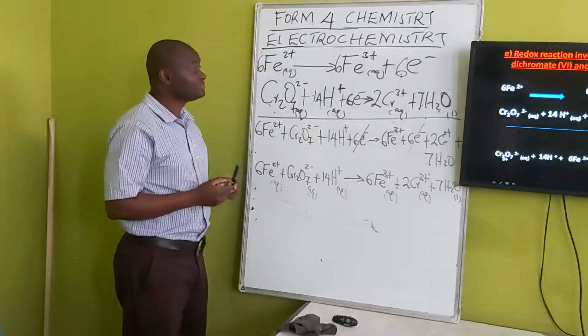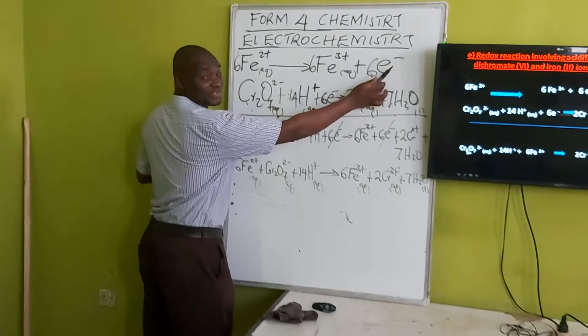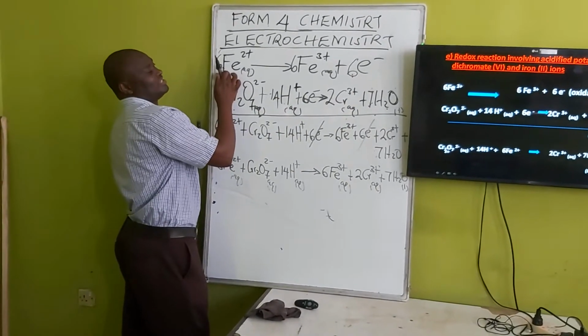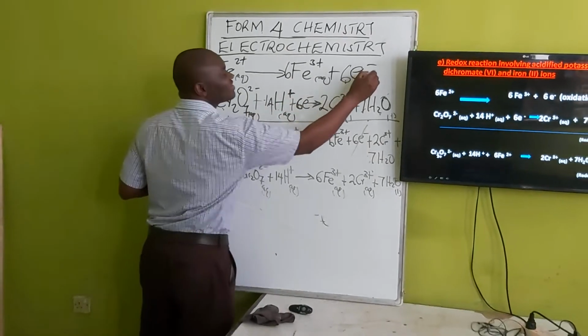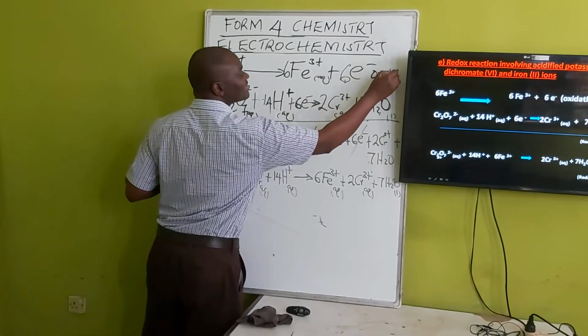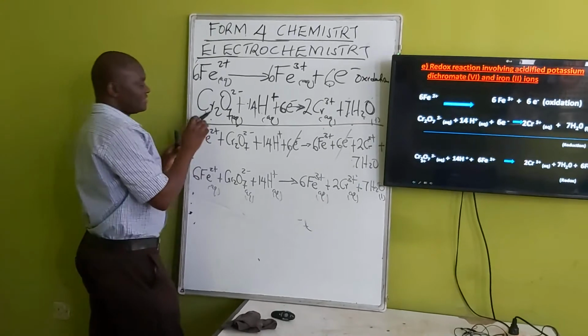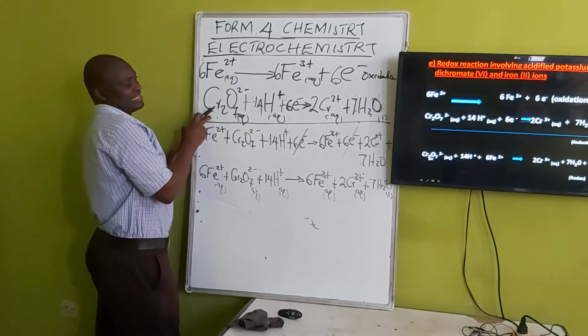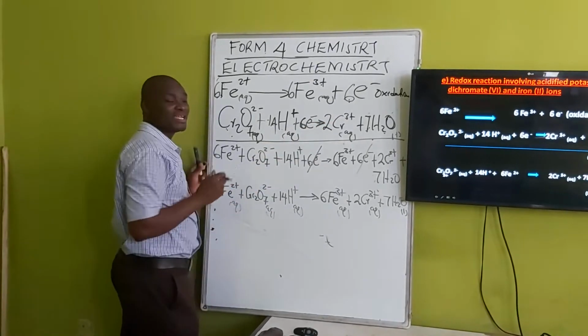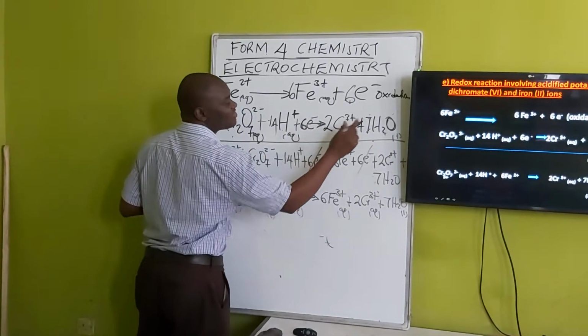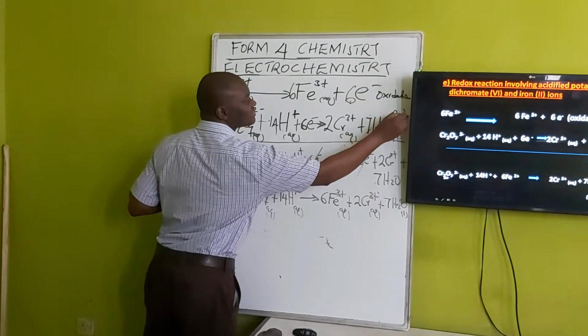So from here, loss of electron, Fe2+ loses electrons to form Fe3+. Loss of electron is an oxidation process. Then the dichromate ion gains electrons to form chromium 3. So gain of electron is reduction.